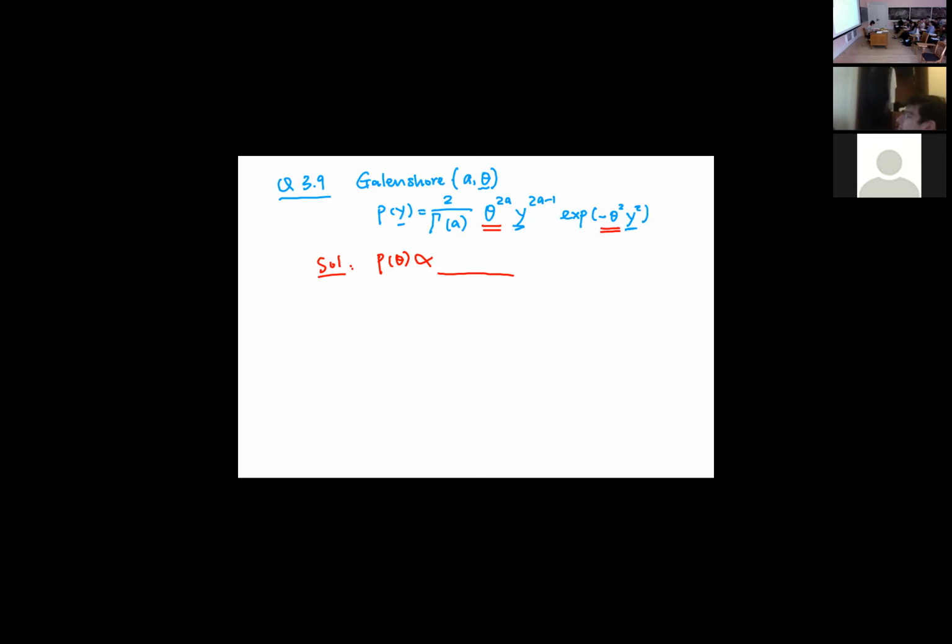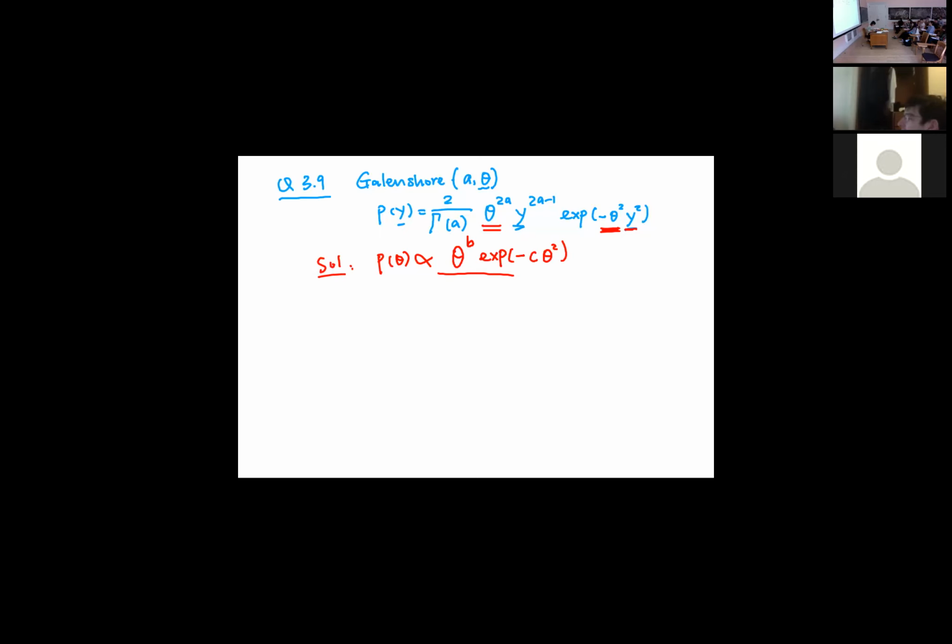So you see that here theta is to the power of 2a, and here it's theta in the exponent, and negative something times sigma theta squared, right? So this gives a hint. In the solution that I provided, I was writing a very generic term, theta raised to some power, and then in the exponent, negative c, which is a constant, and then theta squared.